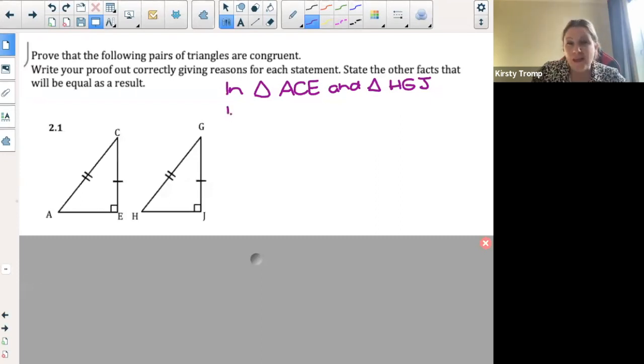The thing that's sticking out to me the most is that I've got two little squares in both of these triangles. What do those two little squares mean? You can tell me in the chat if you want to, or you can raise your hand. When I learned maths, one of the first things I learned is that if they've got a square, it means it's 90 degrees.